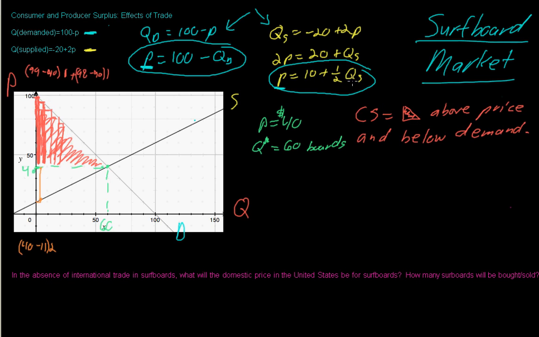And so the price will now be 12. So there are another two guys out here that would be willing to produce at a price of $12, but they get to sell their boards at $40. So it costs them $12. They get to sell them for $40, and they make all of this in here.